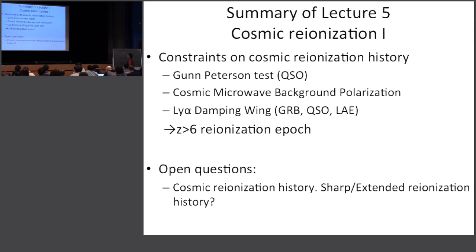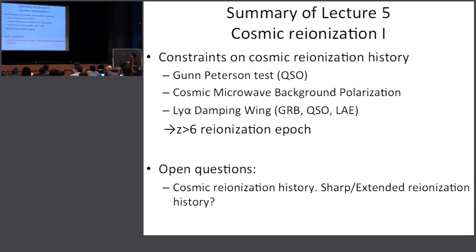So I'll summarize lecture 5, cosmic reionization. What I have explained are the constraints on the cosmic reionization history, or XHI evolution. I showed the Gunn-Peterson test, CMB, the Lyman-alpha damping wing for GRBs and quasars, and Lyman-alpha emitters.